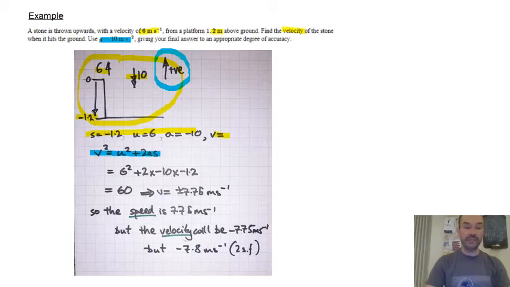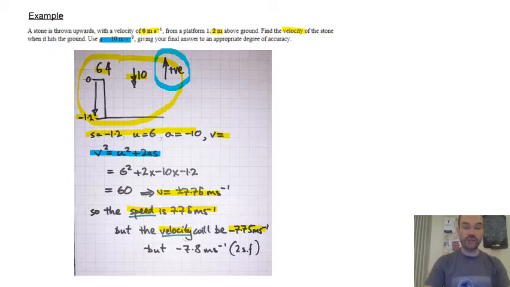Now in this case, there are two answers to that equation. The equation v squared is 60 has two answers. The velocity could be 7.75 or minus 7.75, but the speed is 7.75. The velocity in this case is the negative one, the velocity when it comes back to the ground.